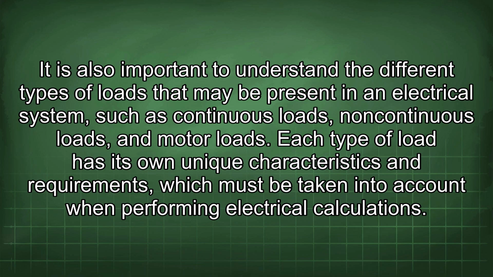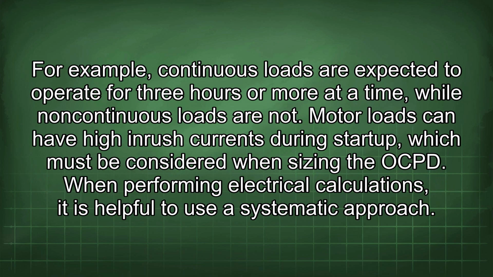Each type of load has its own unique characteristics and requirements, which must be taken into account when performing electrical calculations. For example, continuous loads are expected to operate for 3 hours or more at a time, while non-continuous loads are not. Motor loads can have high inrush currents during startup, which must be considered when sizing the OCPD.